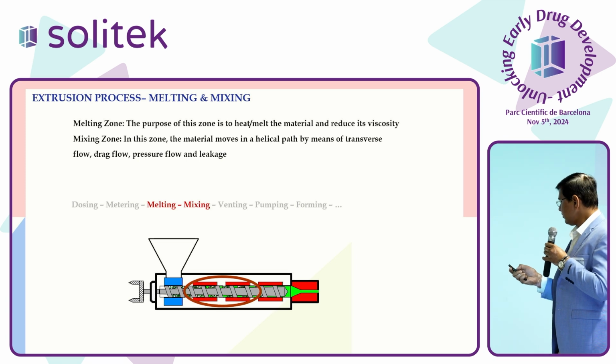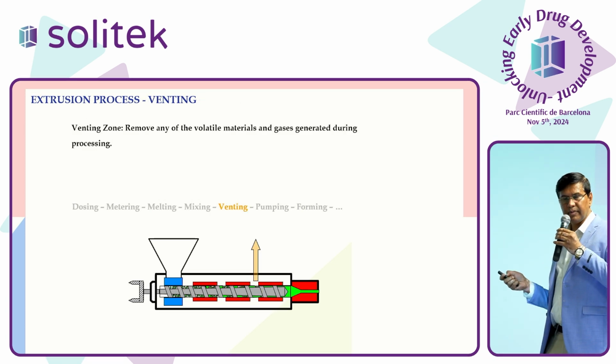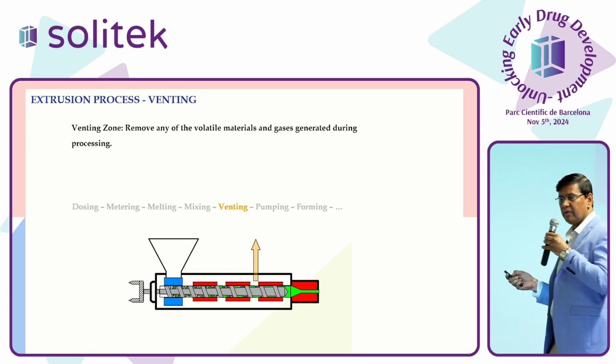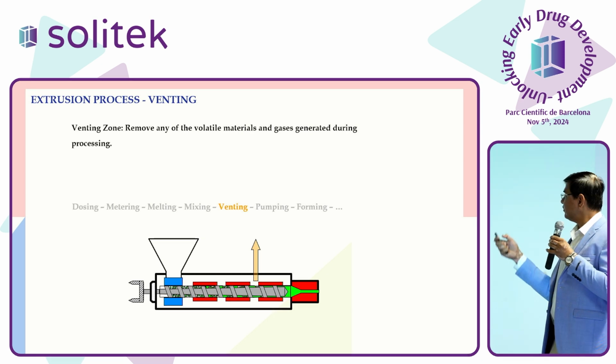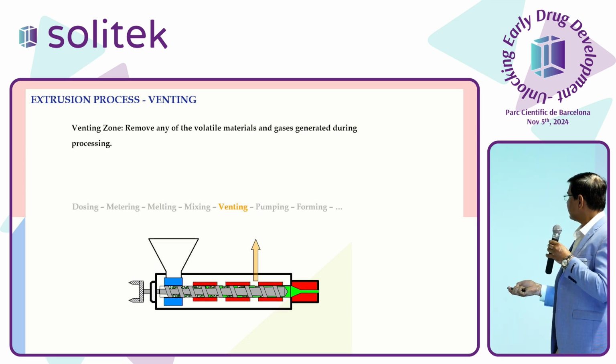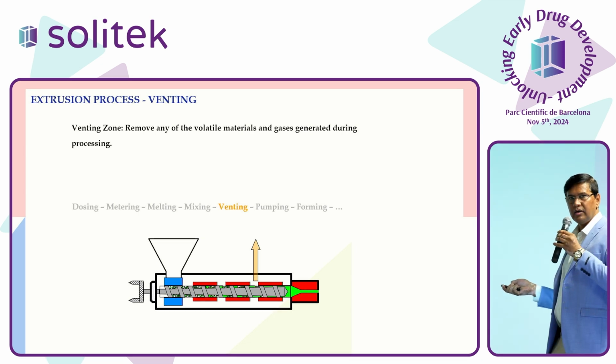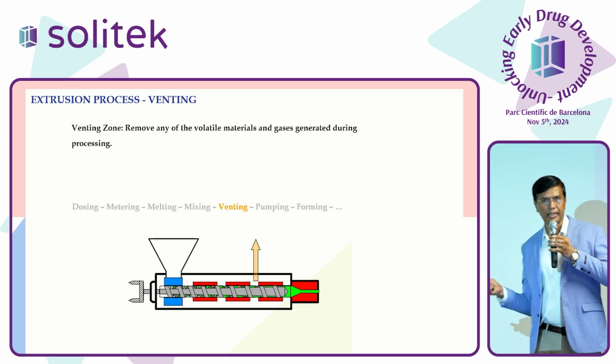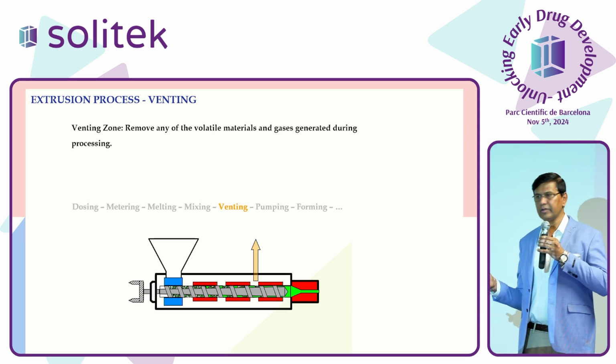Afterwards, when there is generation of some gases, or there are some volatile materials in the formulation, they can be removed through this venting zone. So here is the venting zone, and all the generated gases, or any volatile solvents, can be evaporated from this.